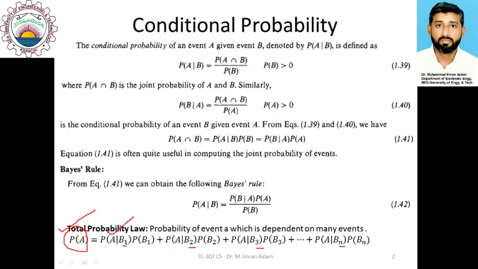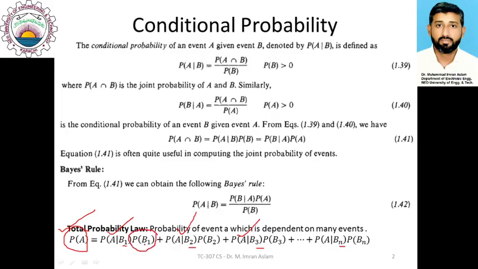So what is the probability of A on the condition of B1? What is the probability of A when B2 has occurred, probability of A when B3 has occurred, and so on. And you can see that this is a weighted sum.